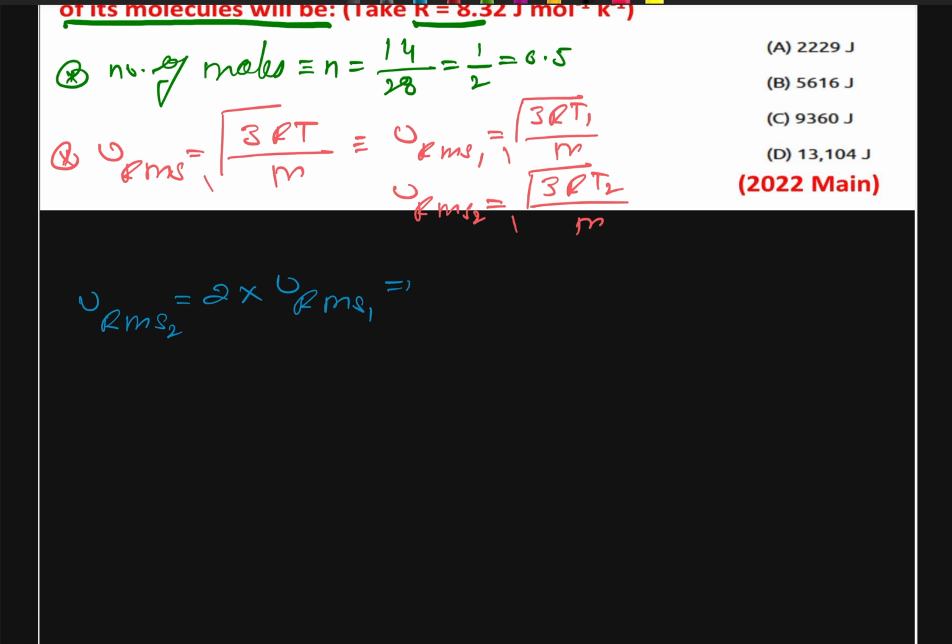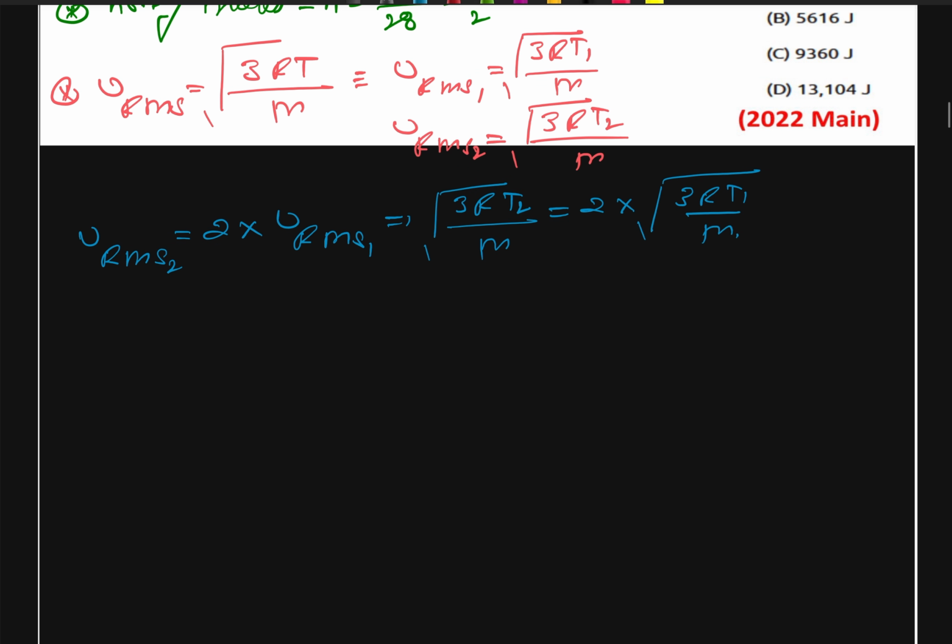So we substitute the formulas. We get square root of 3RT2 upon M is equal to 2 times square root of 3RT1 upon M, and we square both sides.